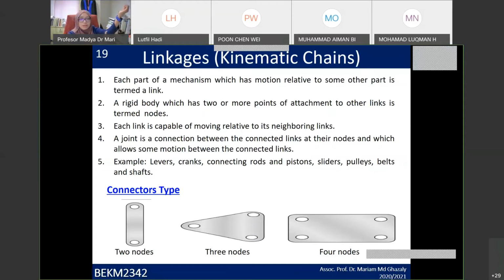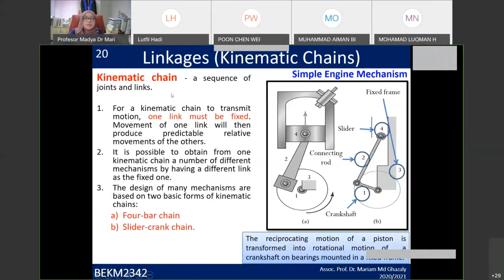The joint is the one connecting the links. Examples are lever, crank, connecting rods and pistons, slider, pulley, belts. All of those have links and joints. So a kinematic chain is a sequence of rods, joints, and links.